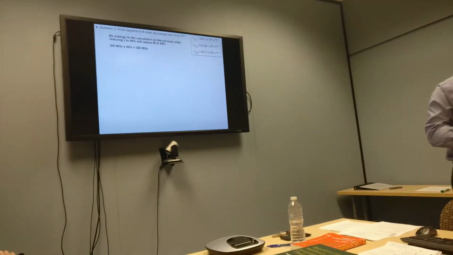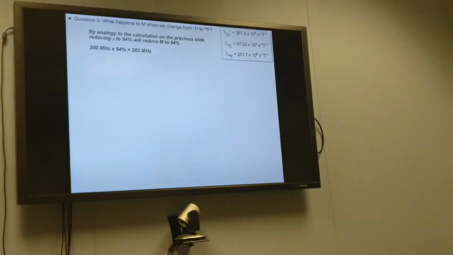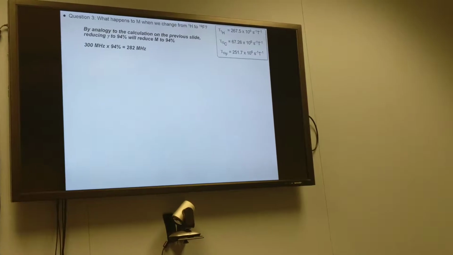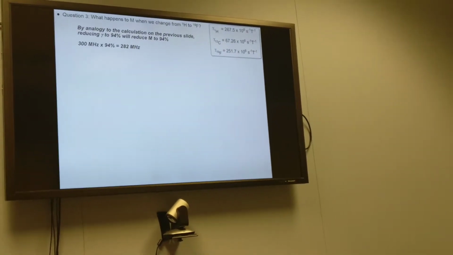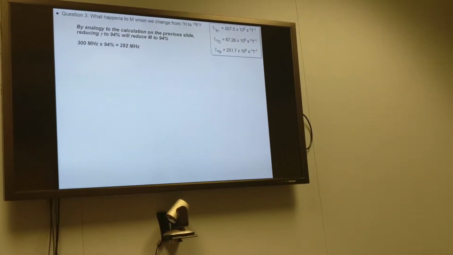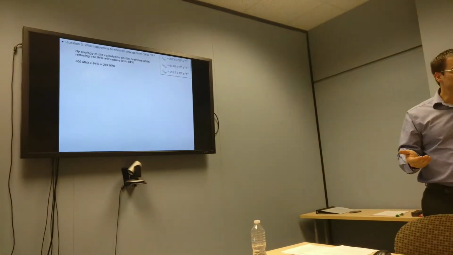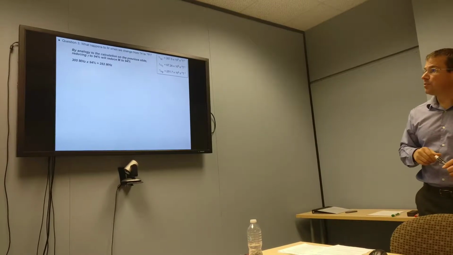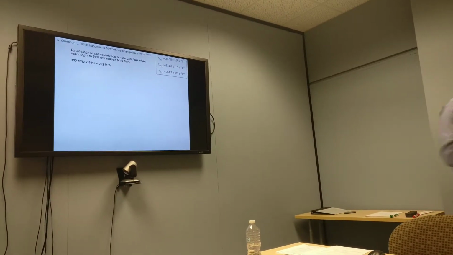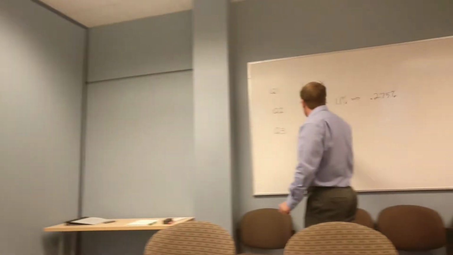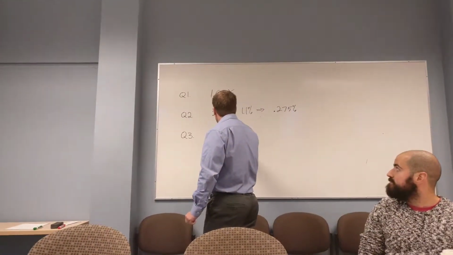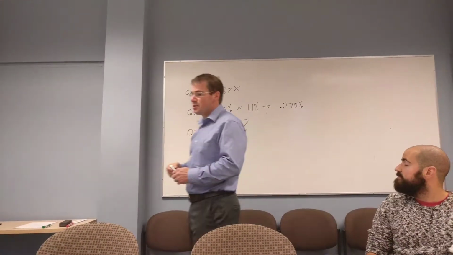And then the third question was, what happens in a fluorine NMR, changing from a proton to a fluorine NMR? I gave you the magnetogyric ratio for 19F, and it turns out that that's about 94% the size of the magnetogyric ratio for a proton. And so we might say that the sensitivity for a fluorine NMR, well, maybe it's 94% as sensitive as a proton.